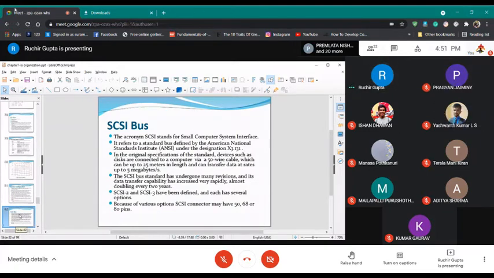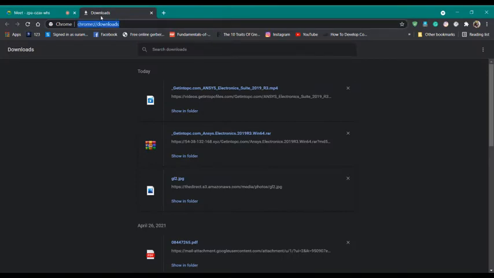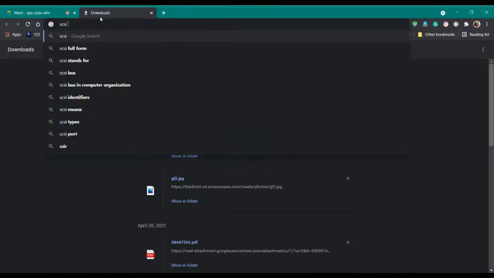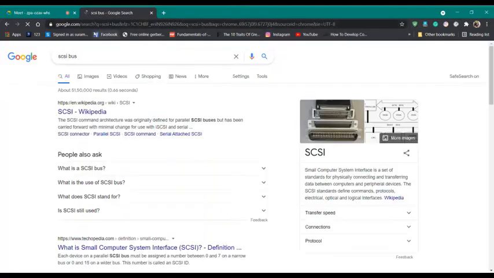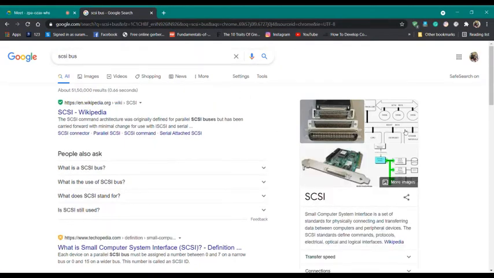As most of you must be aware, SCSI stands for Small Computer System Interface. This is used for data transfer between disks and hosts, and you can have data transfer over a distance.